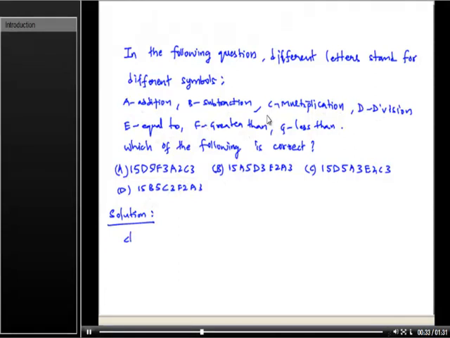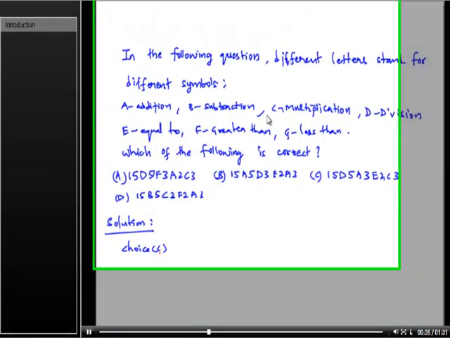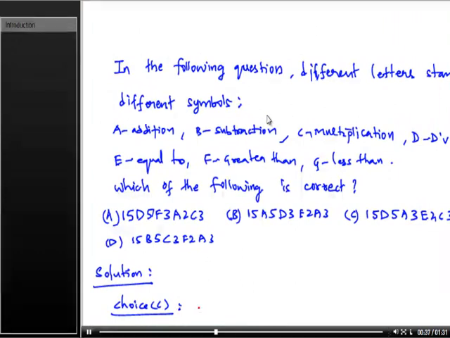Let us take choice C. Given expression is 15D5A3E2C3. This equals 15, D means division, and 5, A means addition, plus 3, E means is equal to 2, C means multiplication, into 3.